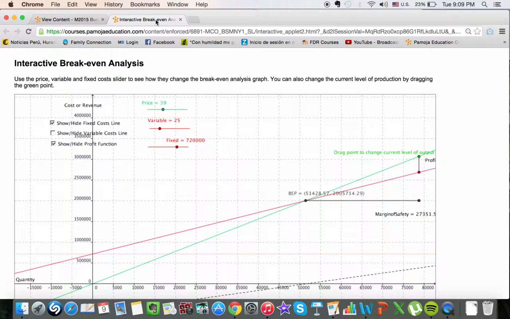Also, I didn't learn about the margin of safety. This is something new, and I find it really useful and really applicable to life events, to real life. And personally, I think that again I'm doing well, and I hope to keep on learning.